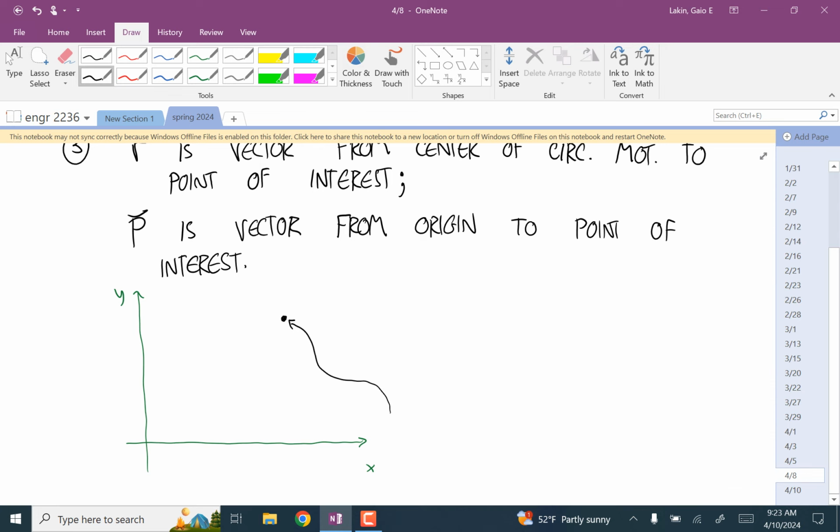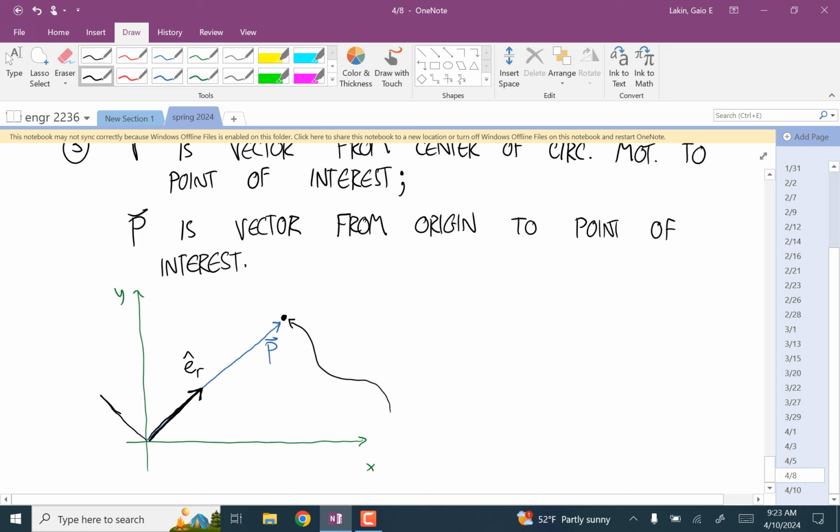This is the position vector. And we're going to use a coordinate system where I'm going to call this the R axis, and 90 degrees from that is going to be the theta axis.